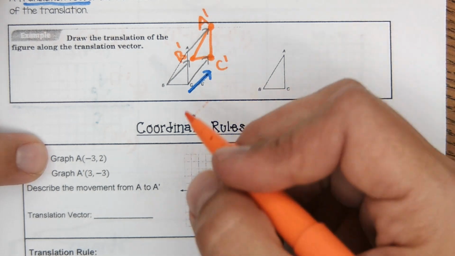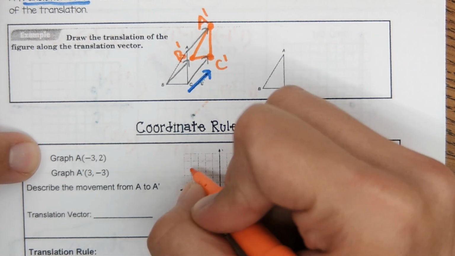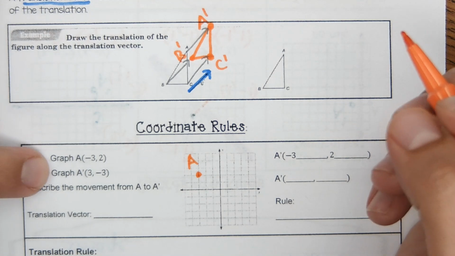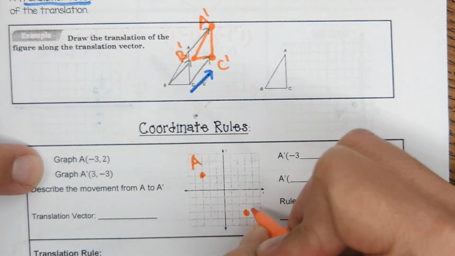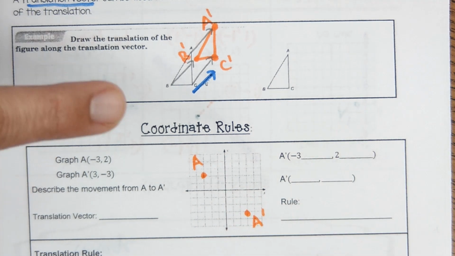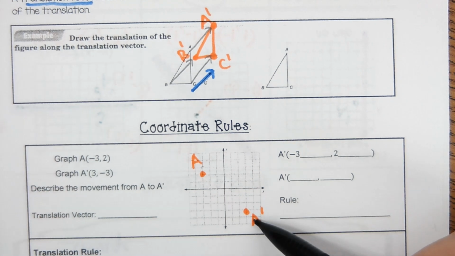So A, -3, 2. So here's point A. And then A prime is at 3, -3. A prime. Okay, so this is the original, this is the new one.